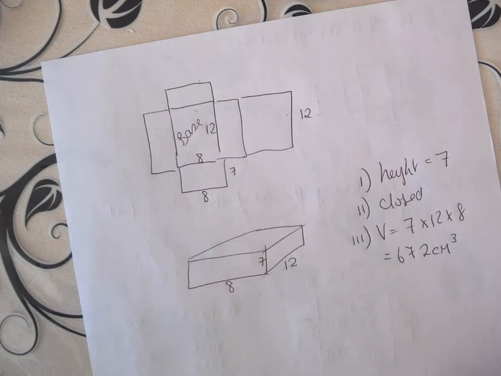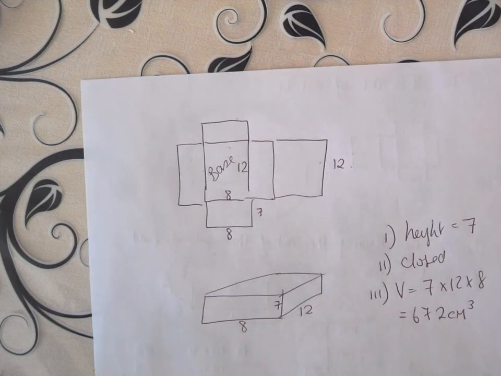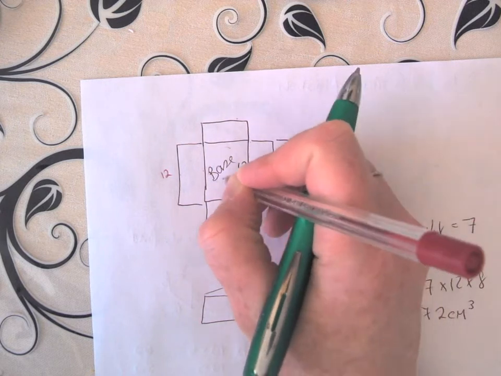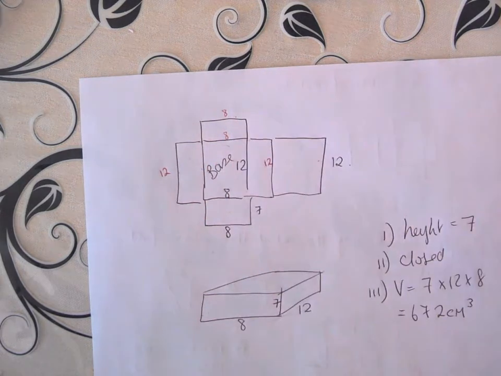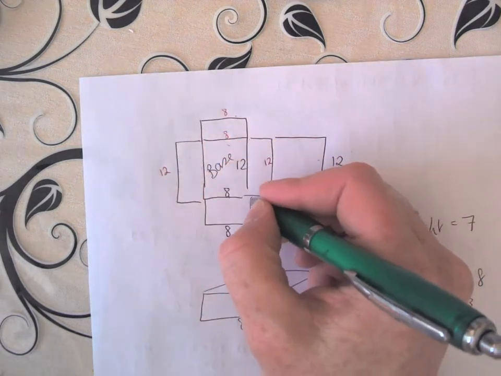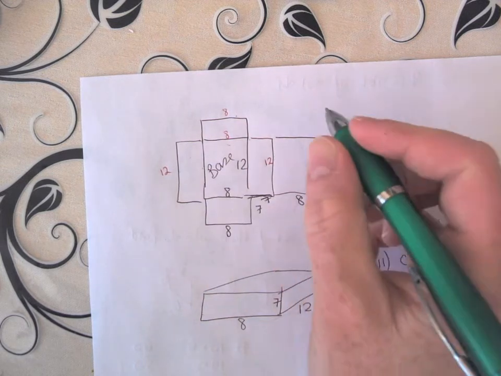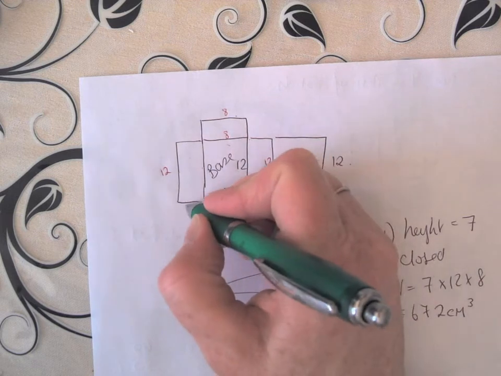And work out the surface area. The surface area we can do 2 ways. We can do it from our net. If this is 7, this is 7. If that's 8, that's 8. And if that's 7, that's 7.